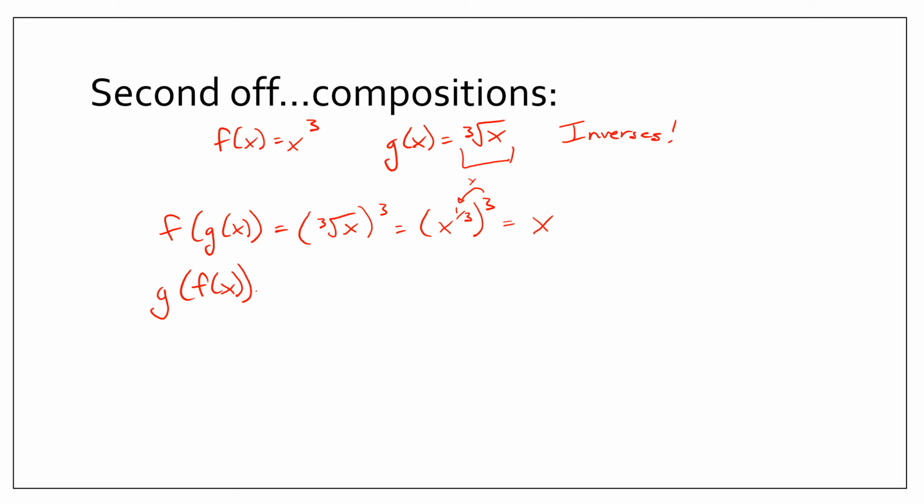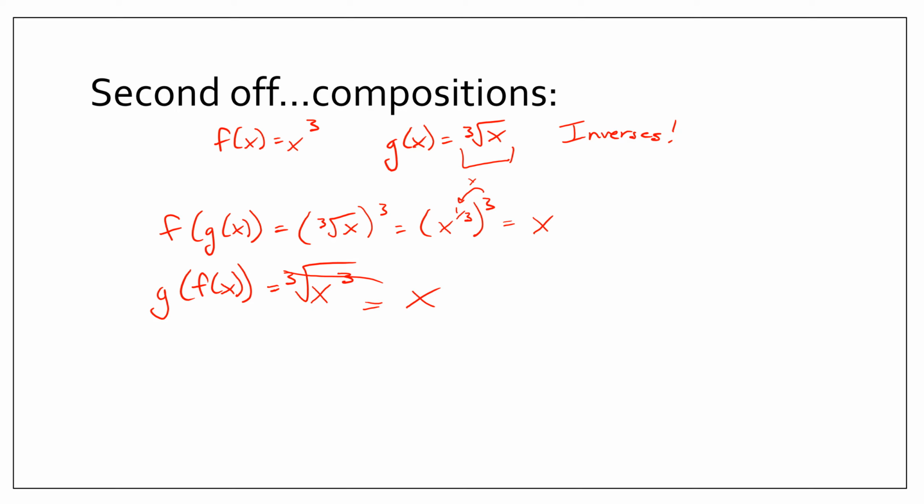Interesting. Let's also do g of f of x. Here I'm taking f of x, x cubed, and putting it into g of x, cube root of x cubed. And hey, doesn't the cube root of x cubed also equal x, because they're exact opposites?